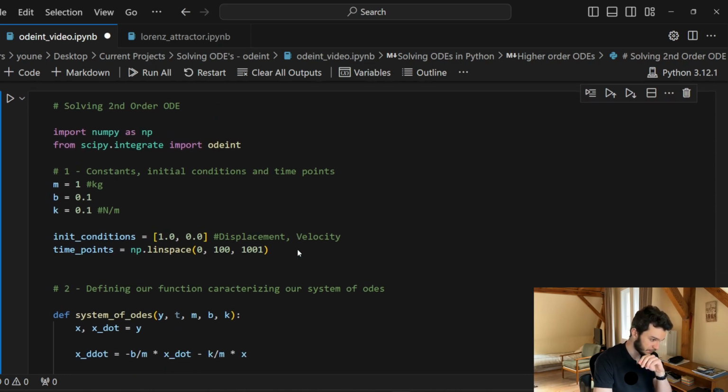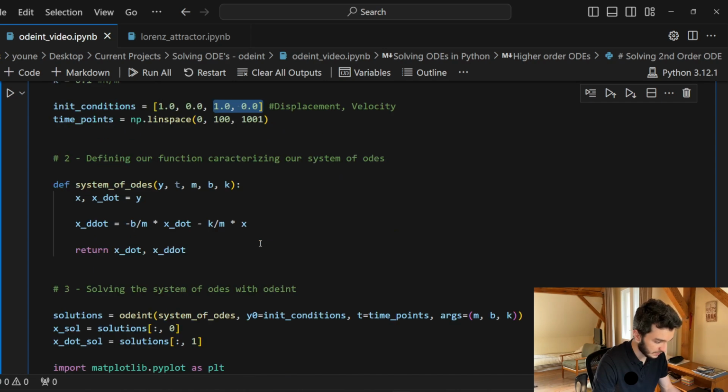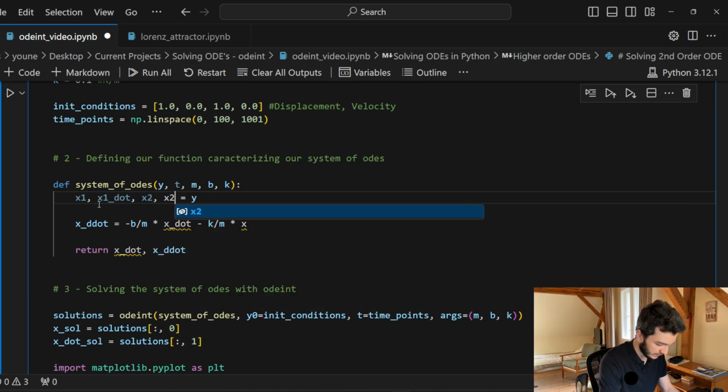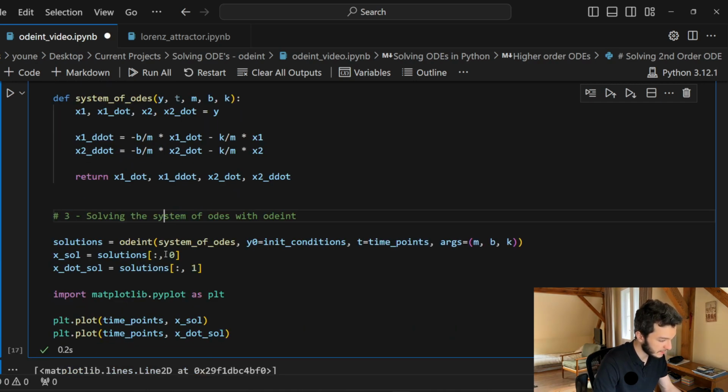Example here. Now if I add, for example, another set of initial conditions right here. So this is for the first system, second system, let's say. And then here we have x1 dot, and then I have x2 dot. For example, x1 dot, x2 dot. Alright, you do this, and it's basically the same thing.